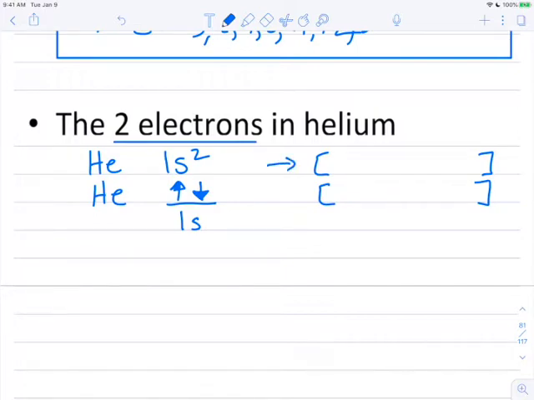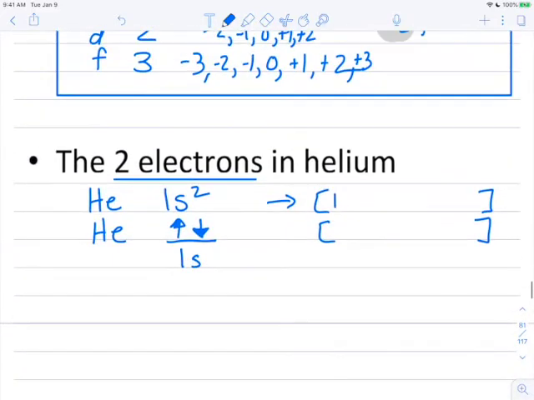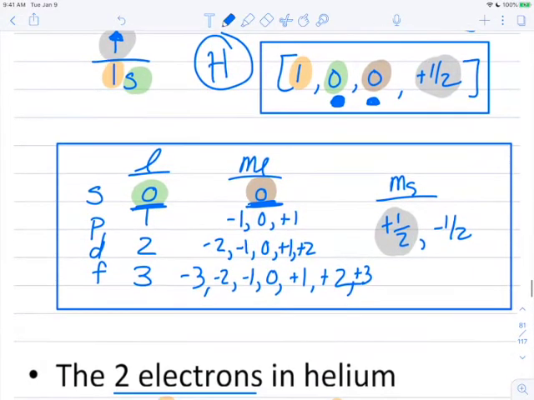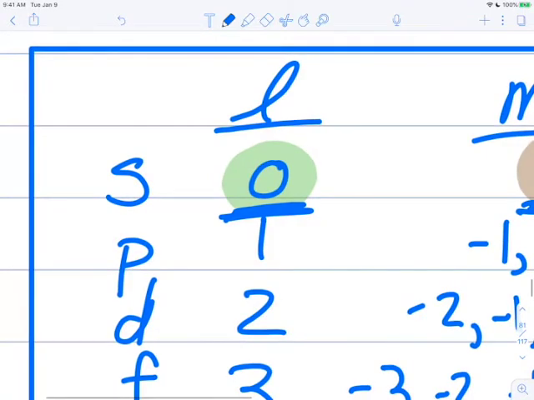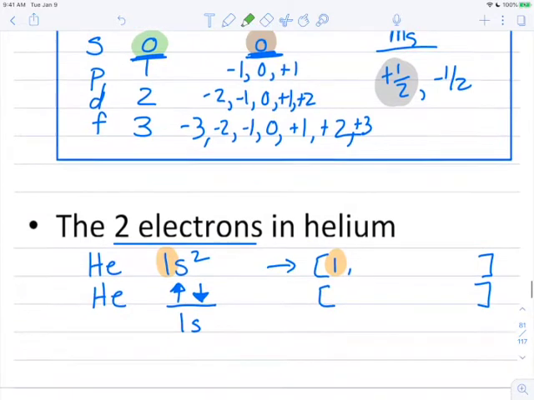It has an energy level of 1. This one comes from the one right here. Next up, we need L, and we said that S would be 0. So right over here represents the L, and we said that would be 0.